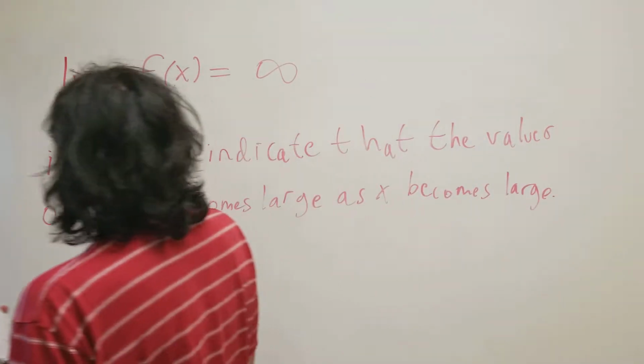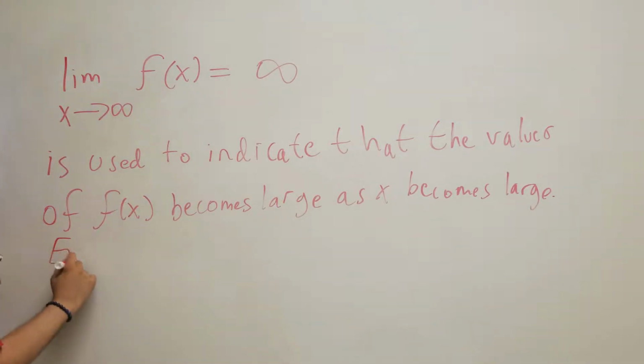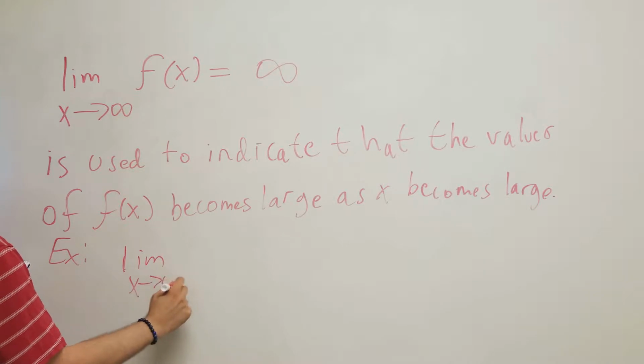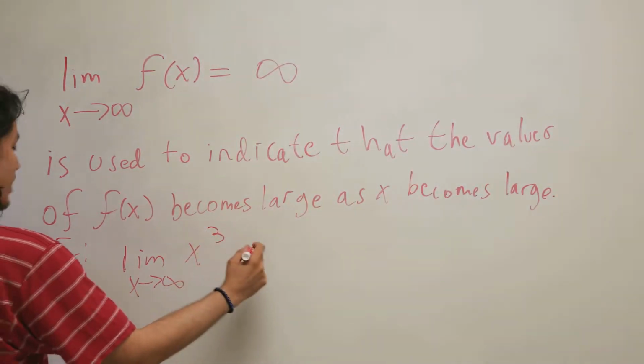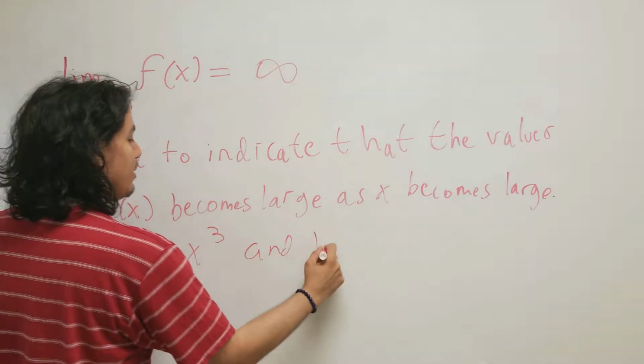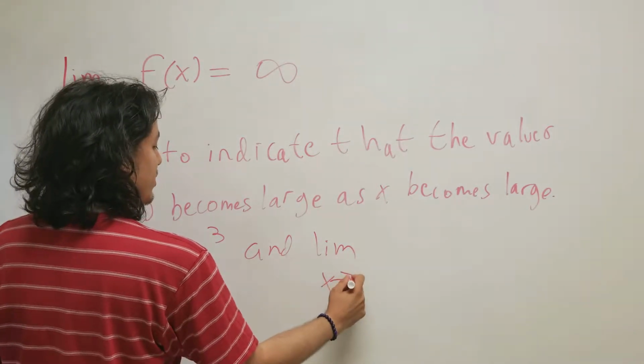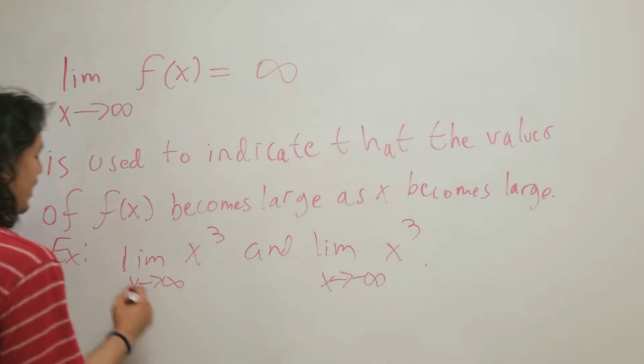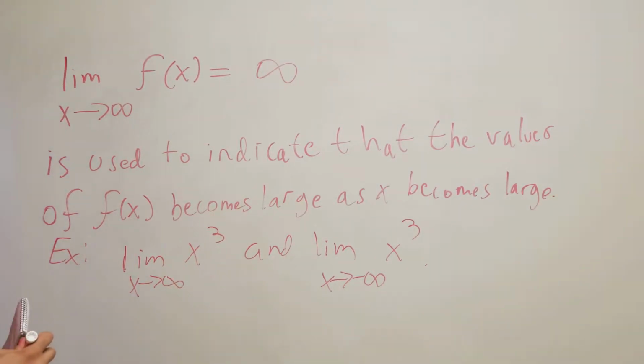So let's say if I gave you the limit as x approaches infinity of x to the third, and the limit as x approaches negative infinity of x to the third, and you're asked to find the limit of both.